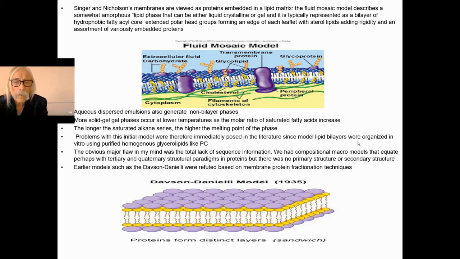You go back and look at those papers starting in the 70s and moving all the way into the 90s and on. All right. So we had compositional macro models that equated perhaps with tertiary, and we know we have macromolecular structures, and we know we have this tertiary and quaternary structure of the membrane, right? So if you think about proteins, we talk about tertiary structures like the folding of a protein into a globular shape, or the interaction of two different globular domains making a quaternary structure of a protein.